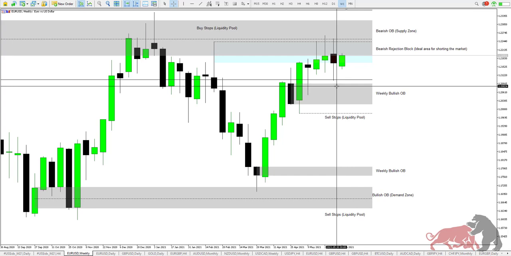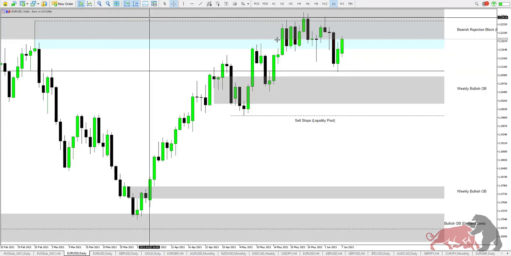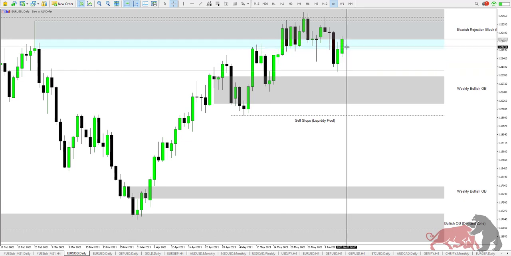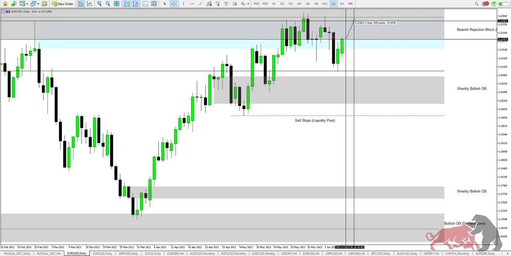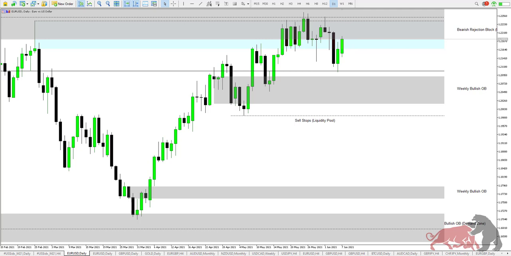Probably Tuesday or Wednesday, we're going to see some strength coming into euro. As you can see, Monday we are already showing signs of market moving to the upside. So right around 1.22421, expect euro to find resistance around this range before the market turns to the downside.